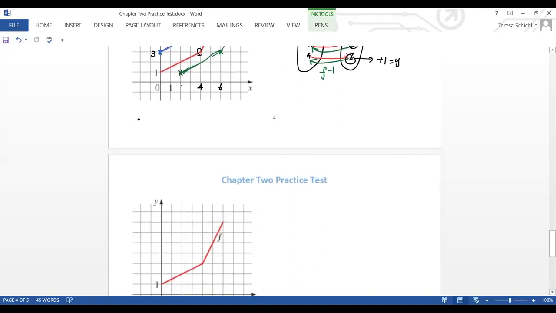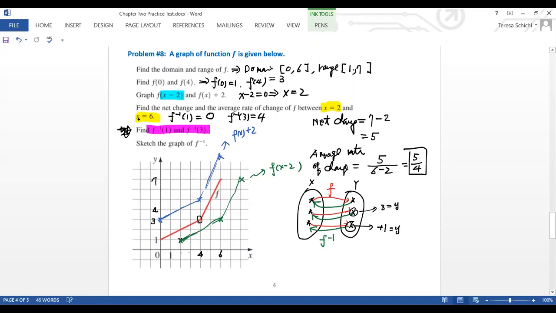Okay, so the last part here is I say, hey, graph the inverse.